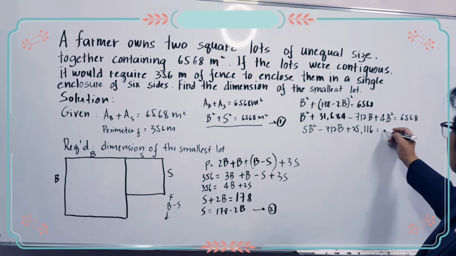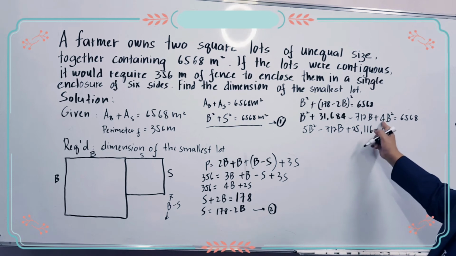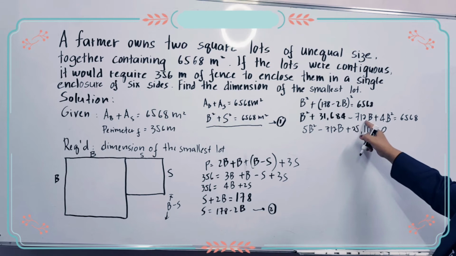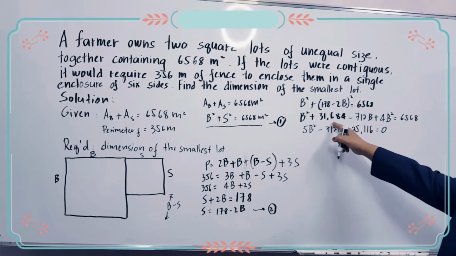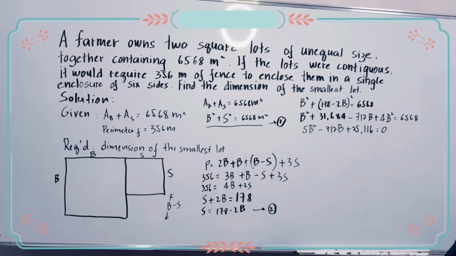So it's equal to 0. So this one, B squared plus 4B squared is equal to 5B squared, and this 712B is alone, plus this one, minus this one because we transfer it here. So we equate it to 0.